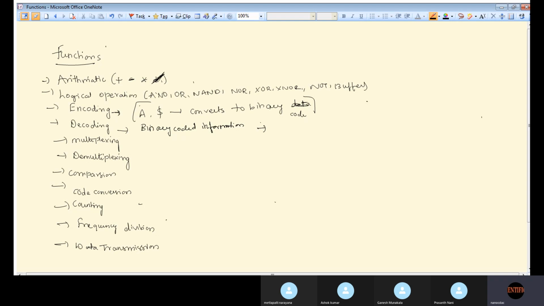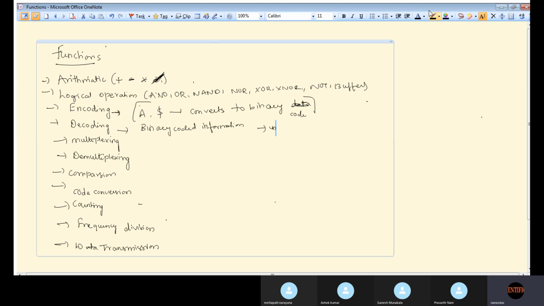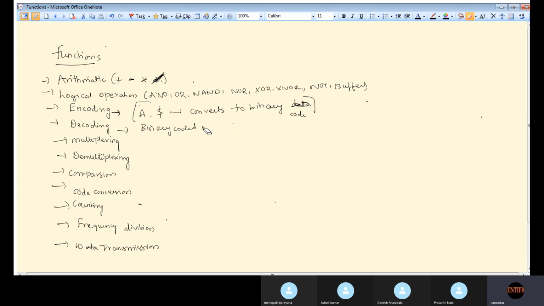Decoding is the reverse process of encoding. So where do we generally use these encoders and decoders?